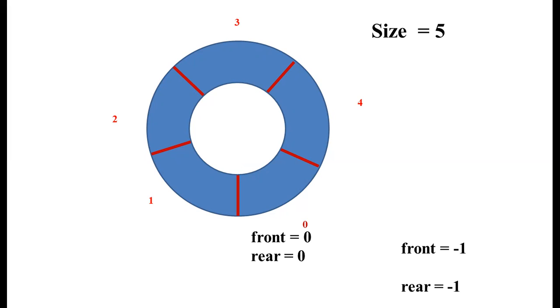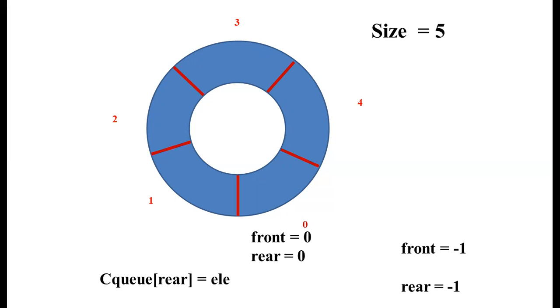Now can we insert an element into the circular queue? If we insert the element into the queue, how are we going to insert it? According to the algorithm, insertion needs to take place with the rear variable only. So here CQ of rear is equal to element. And after that, what we need to do?